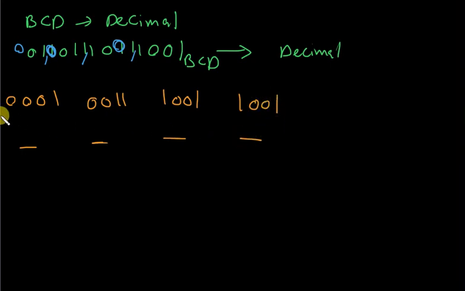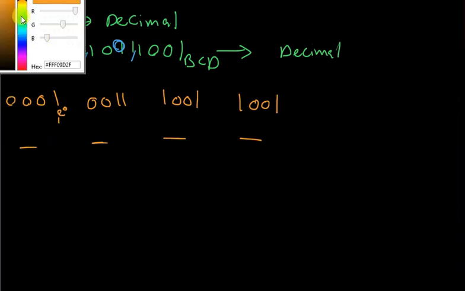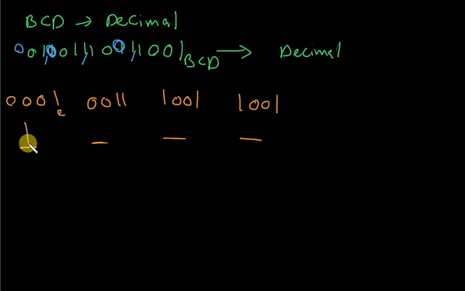Okay, so this number represents 1 because this is 2 to the power of 0 and it represents 1, and the rest of it is 0. So that means our first digit is 1.